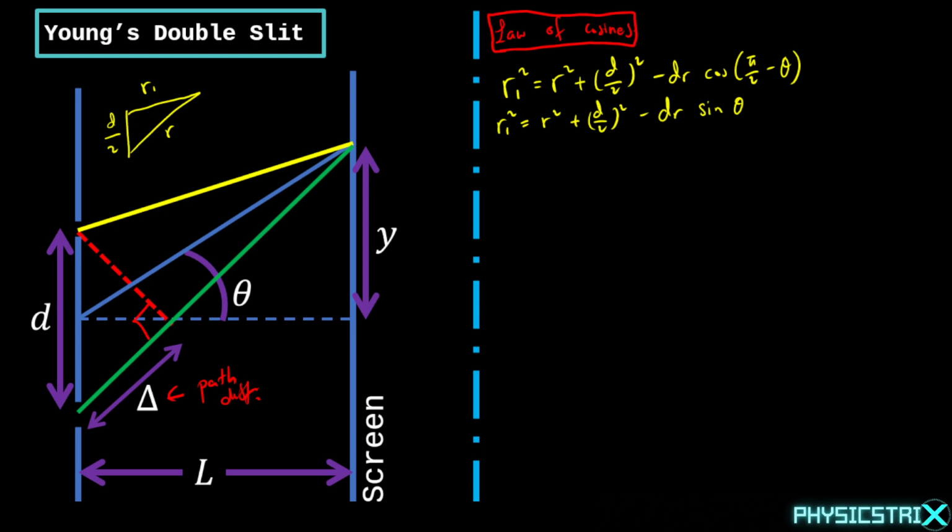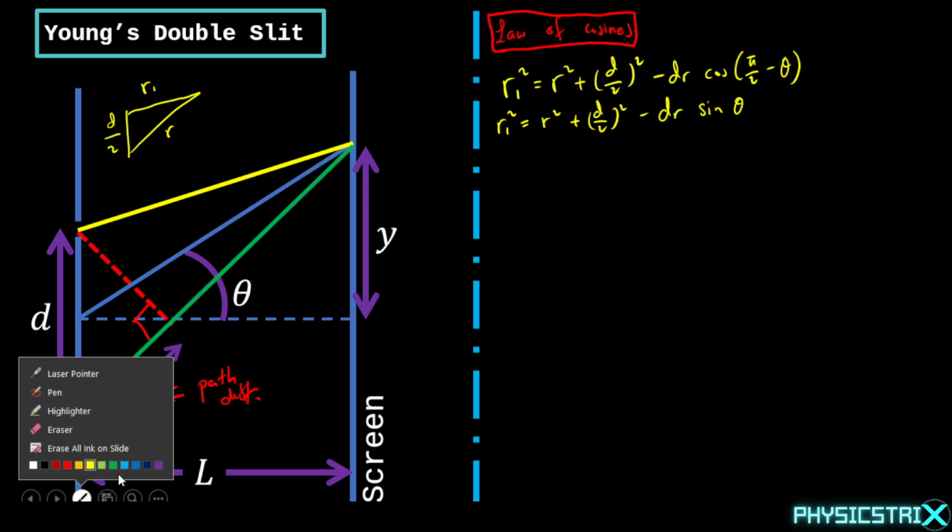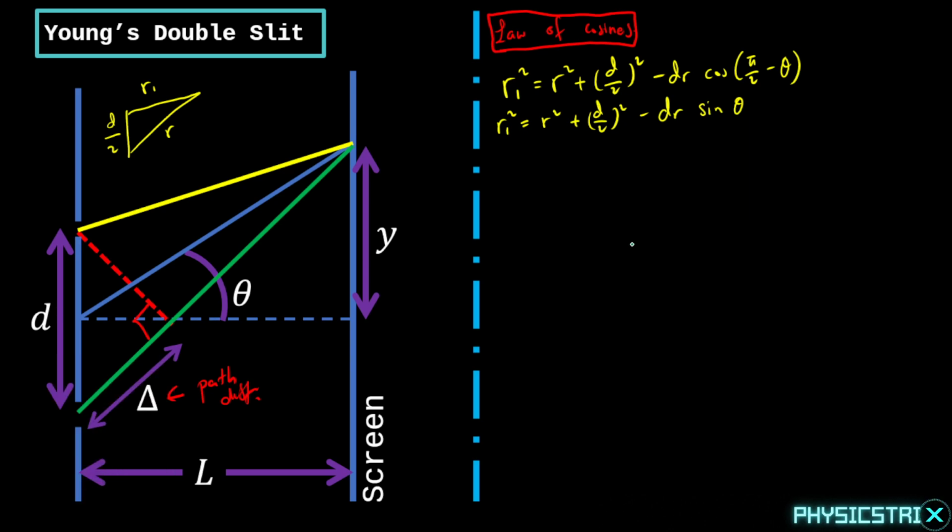What happens next is we want to apply that to R2, being the green line. I'll have R2 squared equals R squared plus (d over 2) squared minus dR cos(pi over 2...).